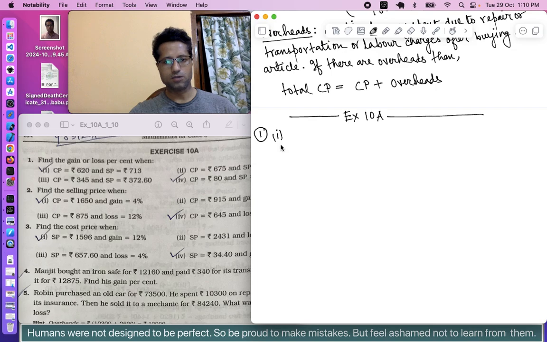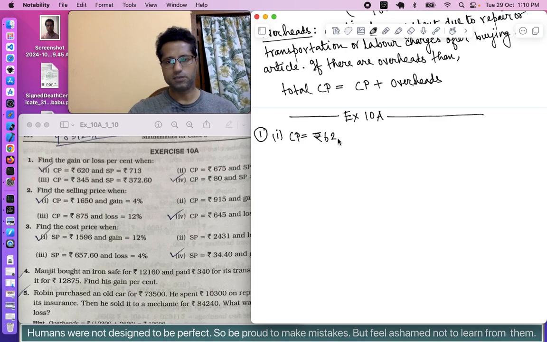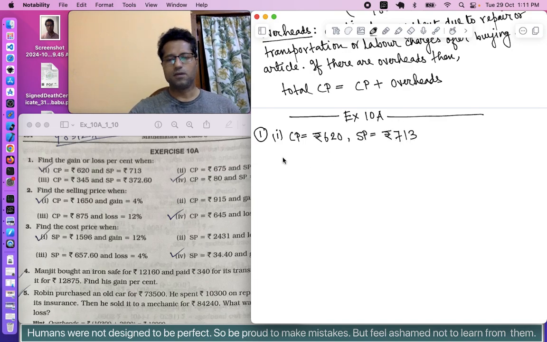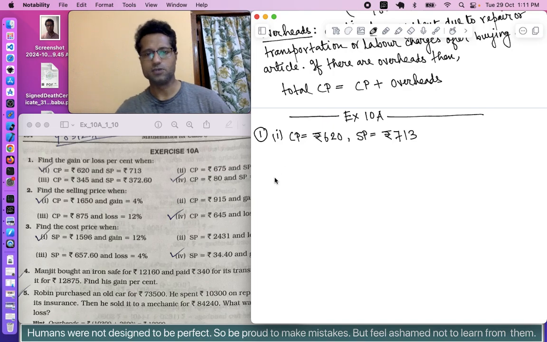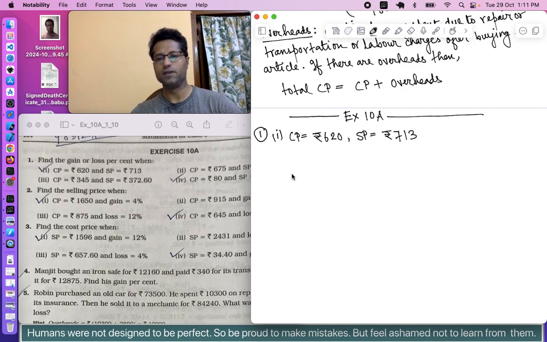Find the gain or loss percent when CP is given to be rupees 620 and SP, that is selling price, is given to be 713. Clearly we can see that the selling price is more than cost price, so definitely there is a gain.